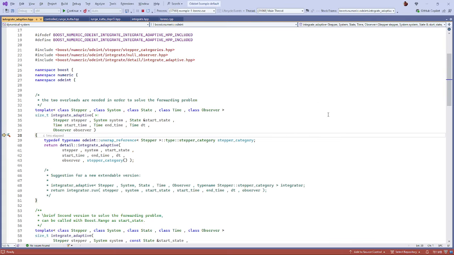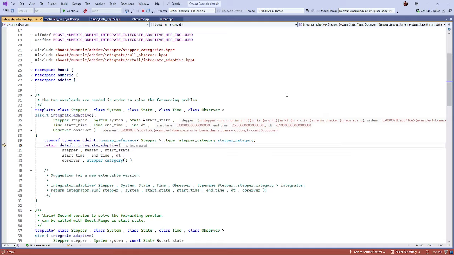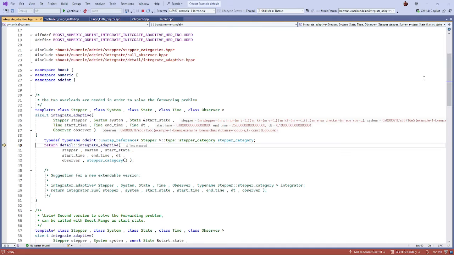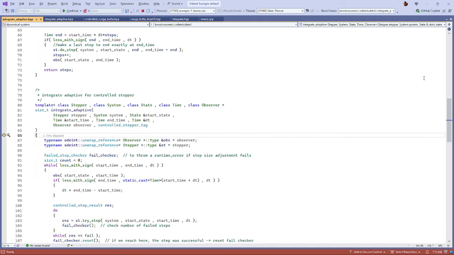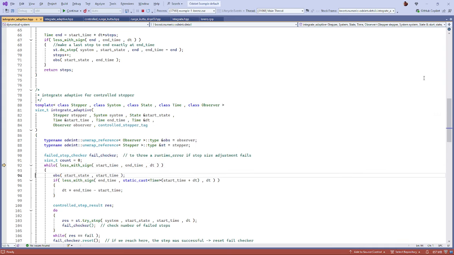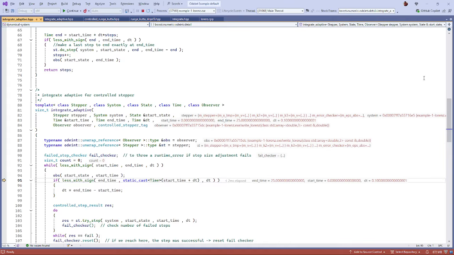So now we have an instance of our stepper that's passed in here. This stepper variable is now an instance of that big template specialization that we got. And then it's going into a detail function, having computed it's going to build a stepper category. And then we get into integrate adaptive again, and here's our little loop. It's going to call the observer.